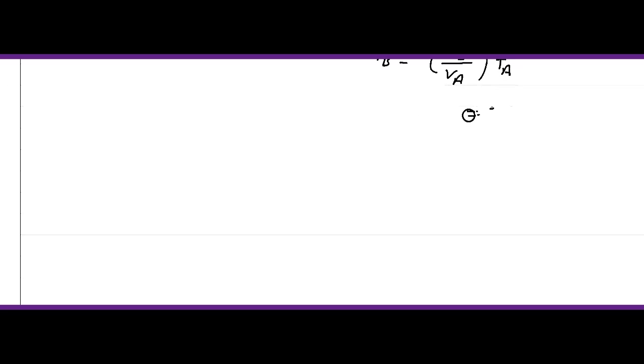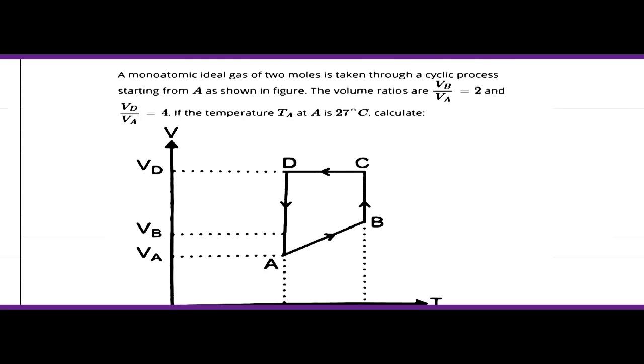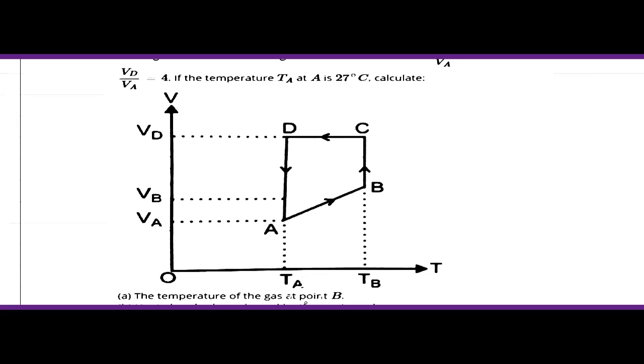That means it is equal to 2 into 300 K, and it comes to 600 Kelvin. So the temperature of gas at point B is 600 Kelvin.